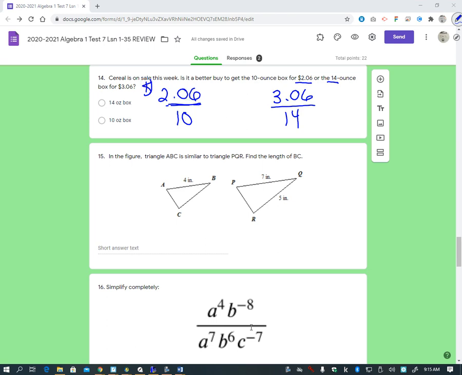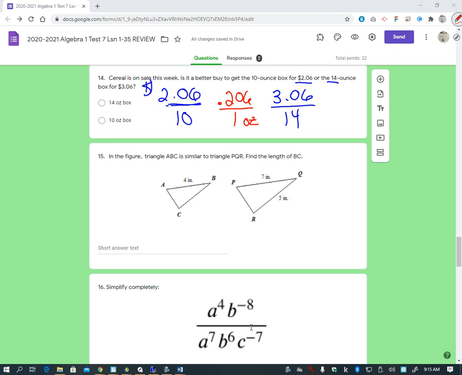It's probably like 20.6 cents per ounce, something like that. 0.206 per one ounce. That means for every ounce of cereal, it's costing me 20 cents, or maybe closer to 21 cents.